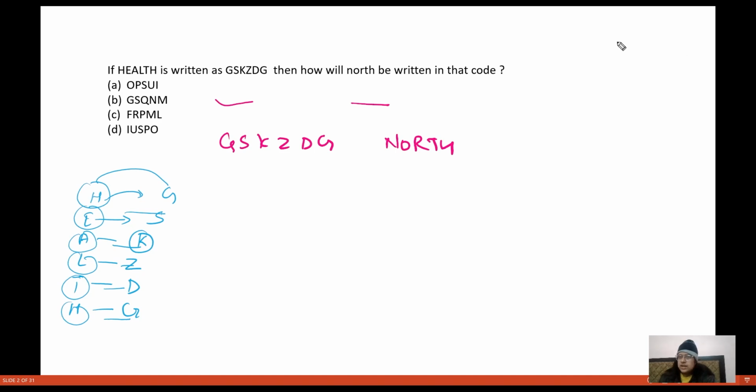So what I'll do, I will just write the alphabets here to find the relationship between all these. A B C D E F G H I J K L M N O P Q R S T U V W X Y Z. So these are basically your 26 alphabets.